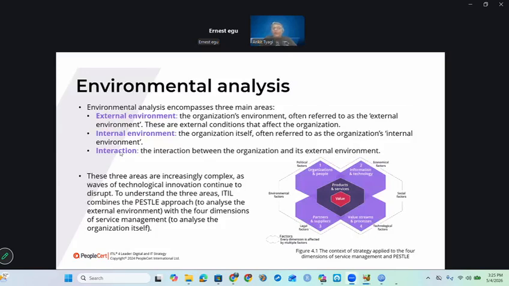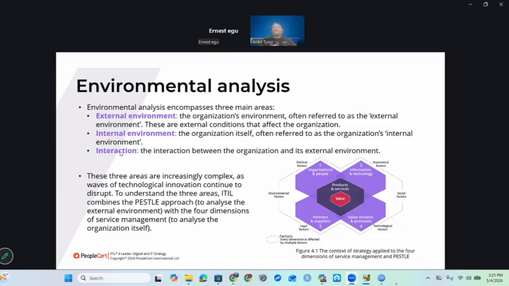Environmental analysis encompasses the 3 main areas: the external environment, which is the organization's environment, often referred to as external environment. These are the external conditions that could affect the organization. Now, we have to understand that as an organization, we exist in an ecosystem, right? So there can be multiple different factors.